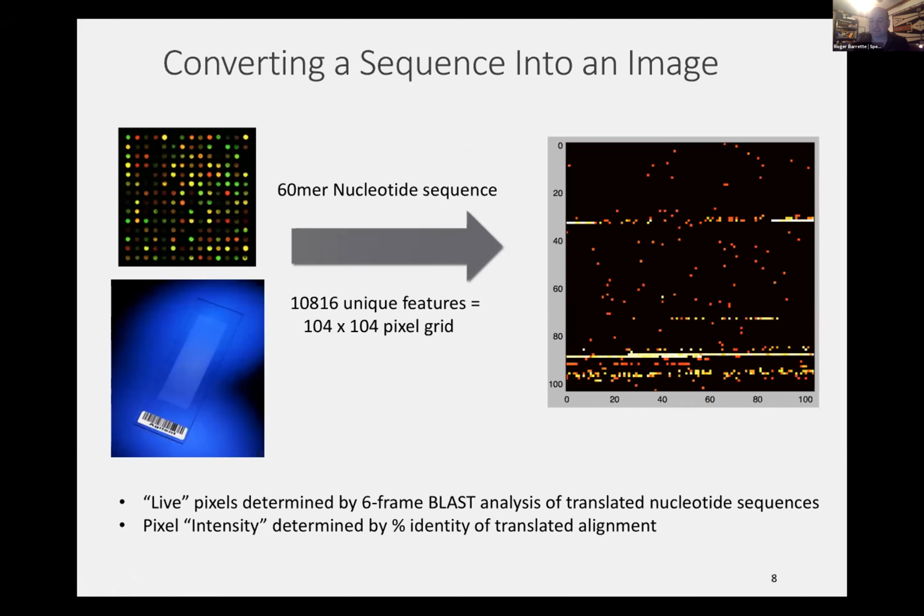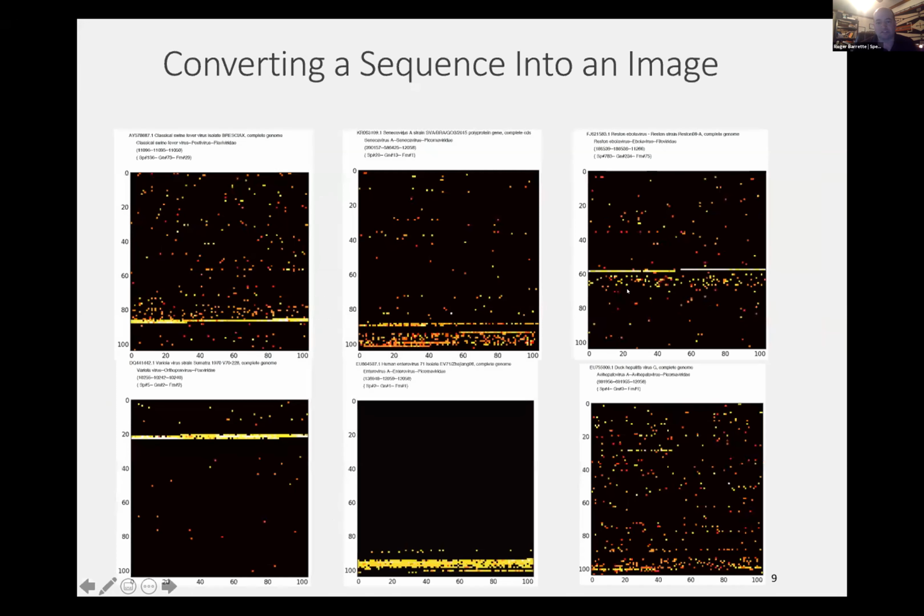Basically, it's a translated nucleotide sequence alignment to the pattern. So it allows the network to generalize on these and pick up more potential features than it would were we to do just a direct nucleotide alignment. And the color intensity you see is based on the percent identity of the translated alignment. So that's where we generate our image from raw sequence data.